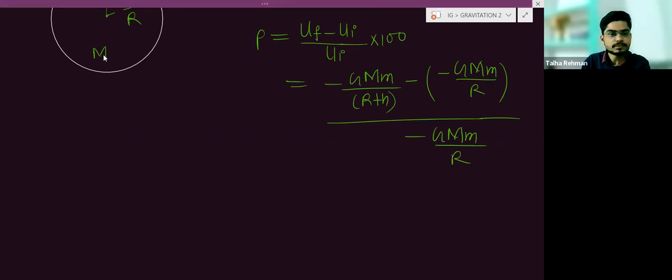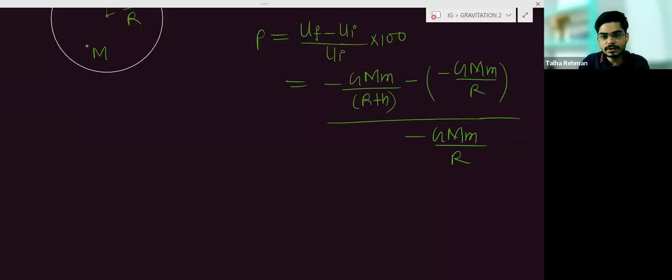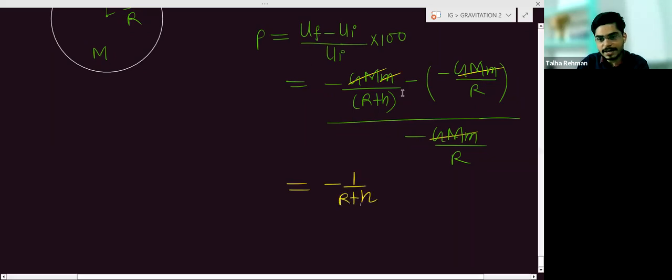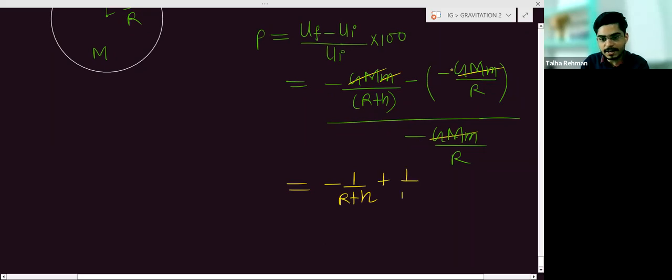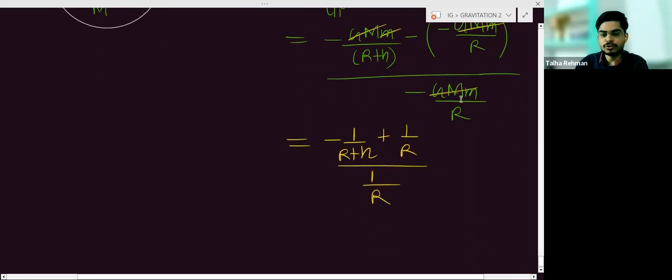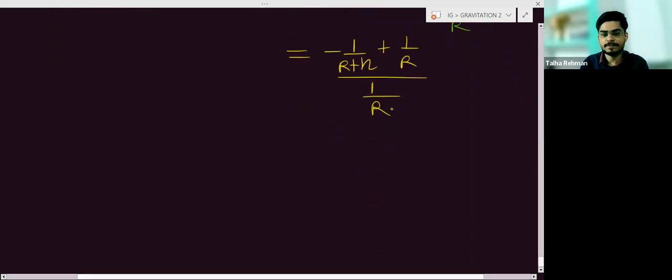Now which terms will be cancelled out? This GMm, this GMm, this GMm will be cancelled out. So you will have minus 1 upon r plus h, and this minus and this minus become plus, so it will become plus 1 by r, divided by 1 by r. Now here you can take LCM.